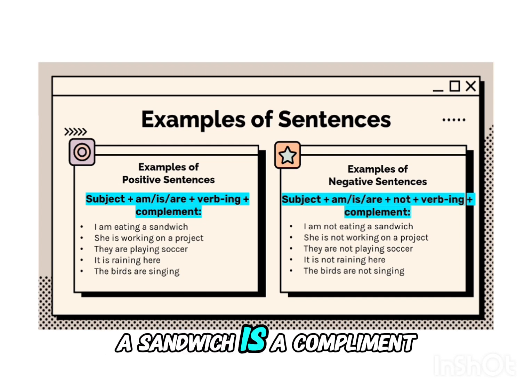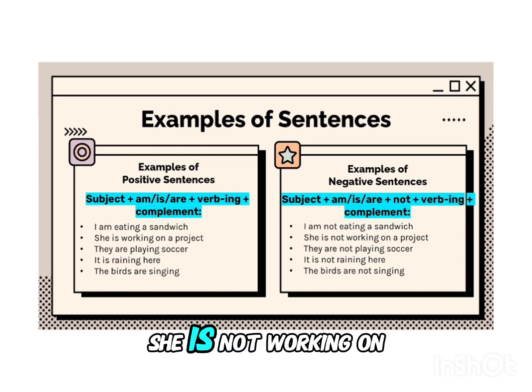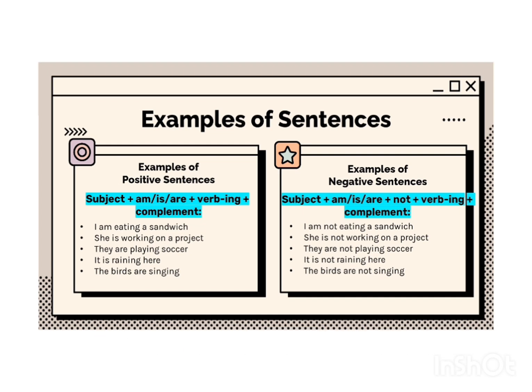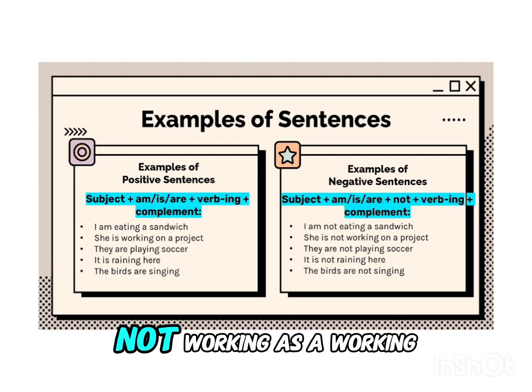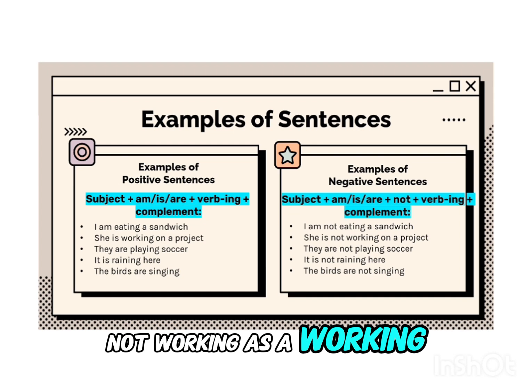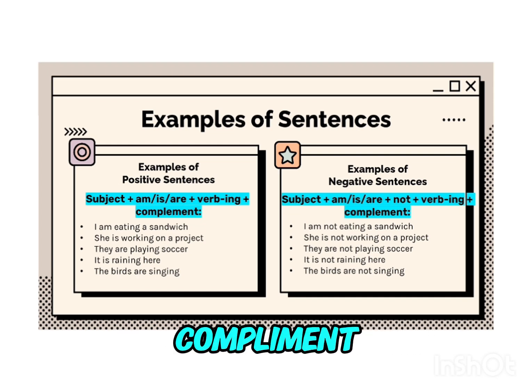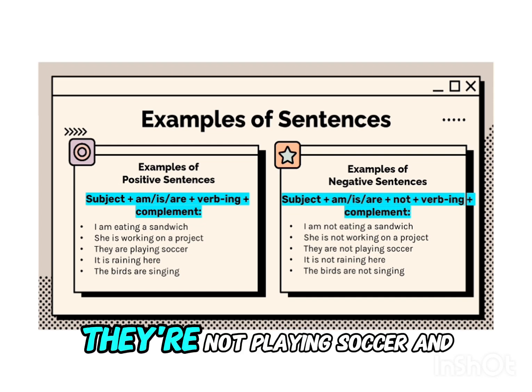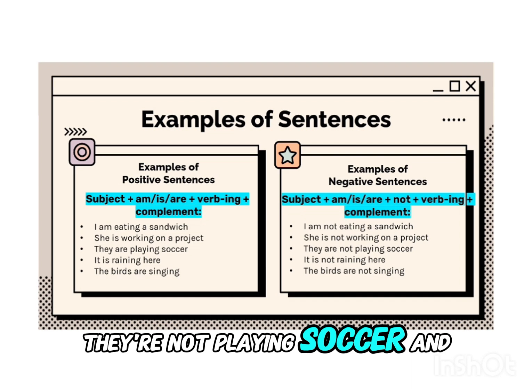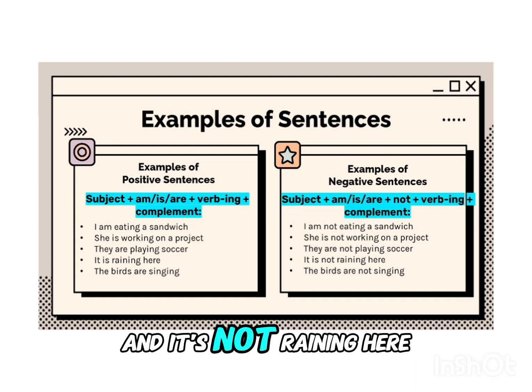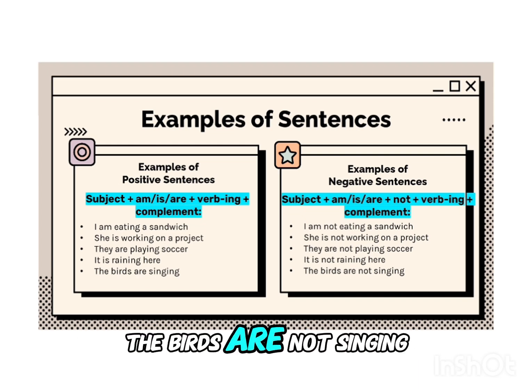A sandwich is a complement. She is not working on the project. She as a subject, is as a to be, not as not, working as a verb-ing, on the project as a complement. They are not playing soccer, and so on. It is not raining here. The birds are not singing.